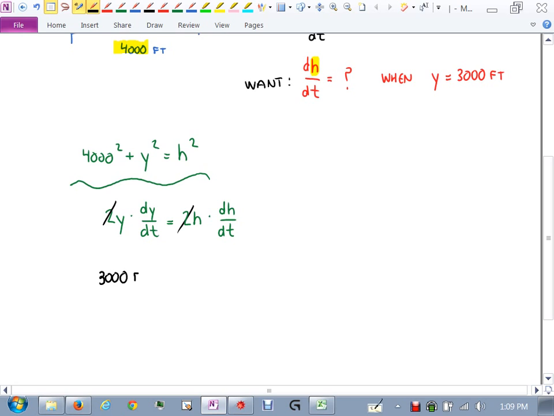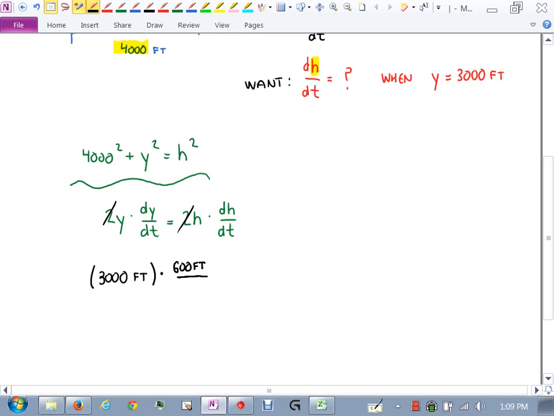Let's try and get our units here, because someone was asking me about the units. I've left the units off the whole time, haven't I? And just said at the very end, look at your units and see what's happening. Let's try and do it with the units and see if we can get it to work out. This is 3,000 feet. What's dy dt? 600 feet per second.